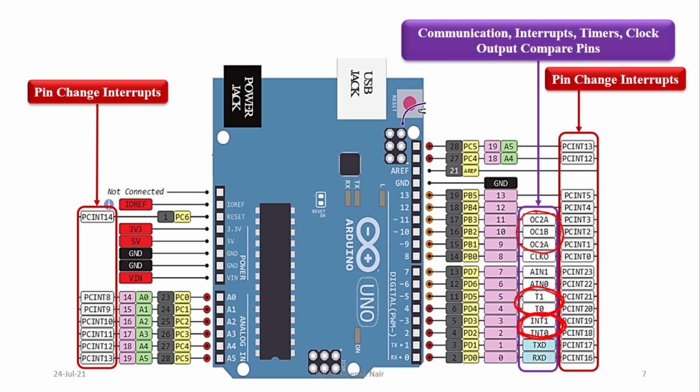So these are all connected to comparators inside the microcontroller ATmega328. If you want to provide a clock to any external device, then you can use this pin to generate the clock which will control the external device to synchronize that device with the Arduino board.